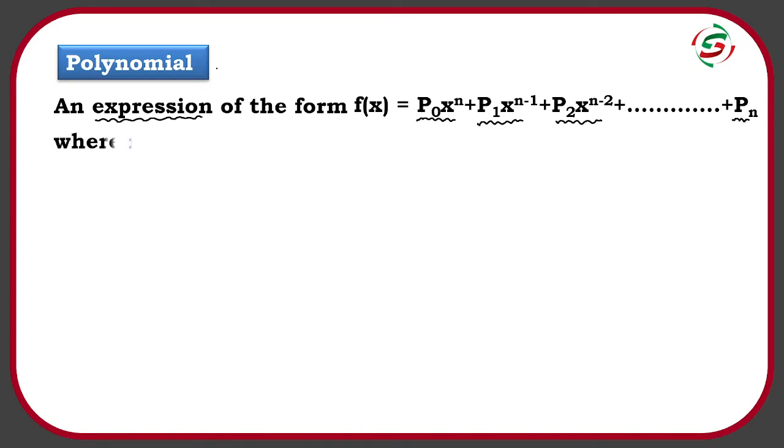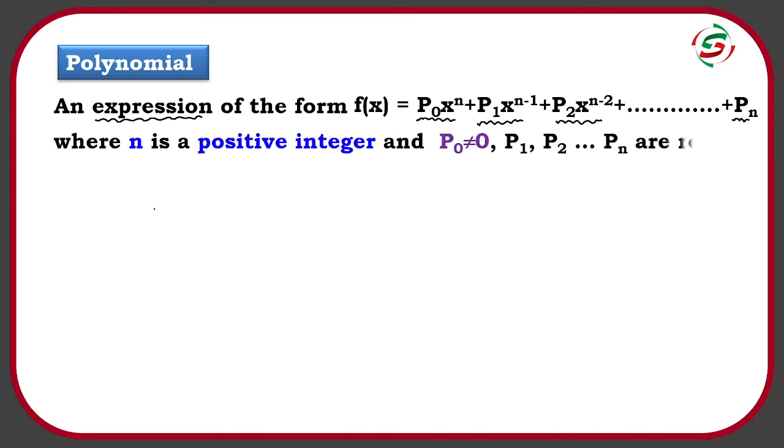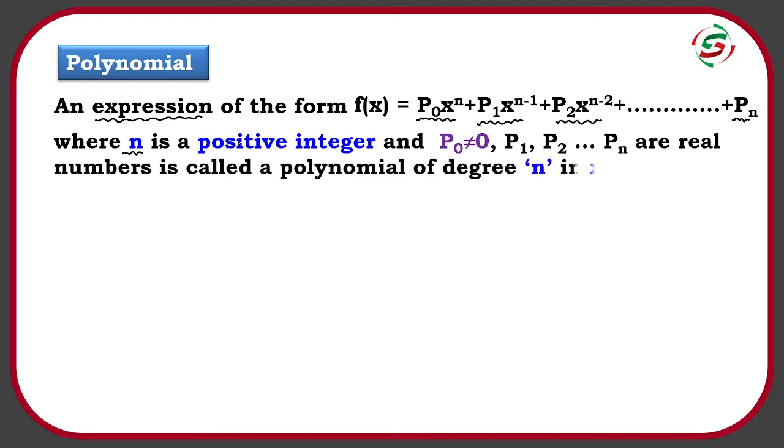Here you can just see, where n is a positive integer. Are you getting my point? You can't get any negative numbers as well as rational numbers. n must be a positive integer.